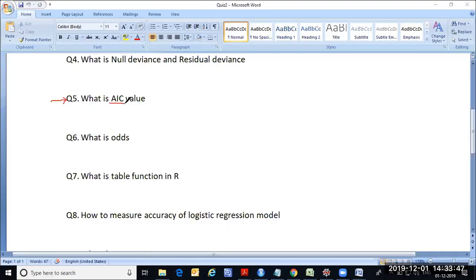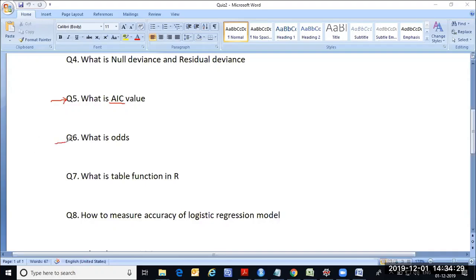Why do we use this value? You're almost right. Exactly. When you have multiple models, the model that is performing to a better extent can be determined by looking at the AIC values. So you have to compare the AIC values across the models. Whichever model is giving the least AIC value should be considered the best performing model. Clear?